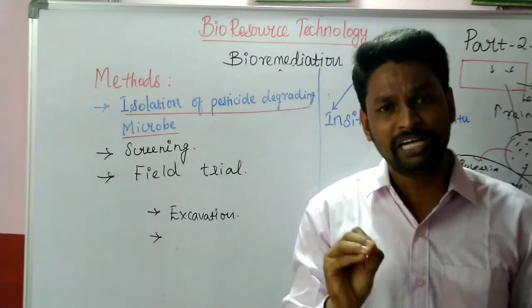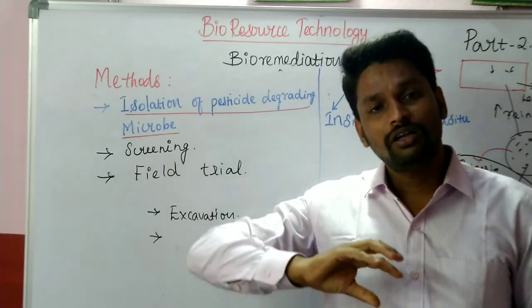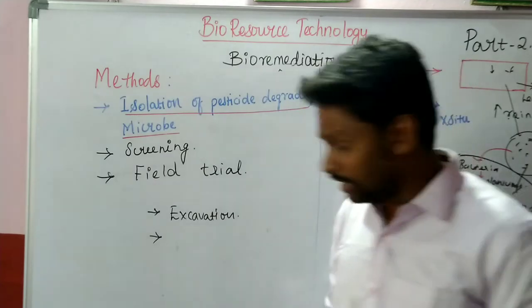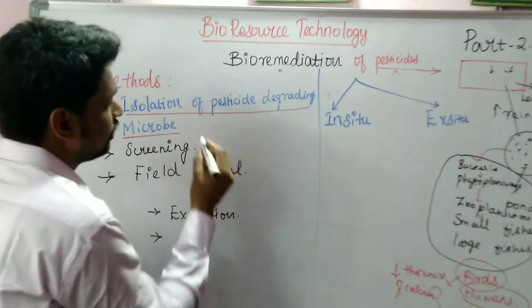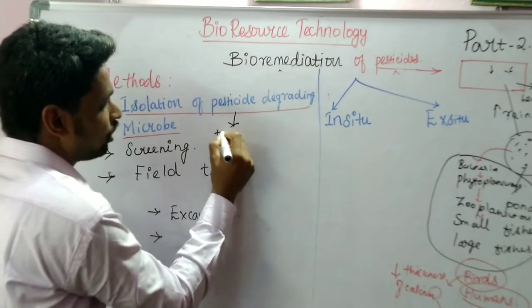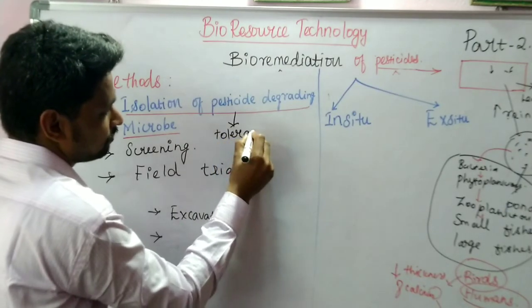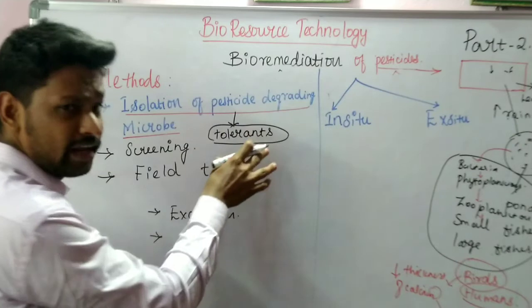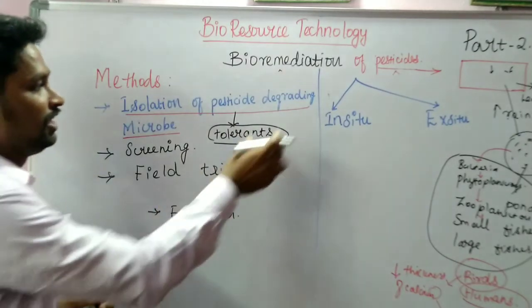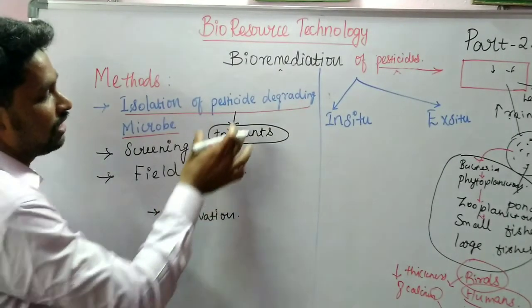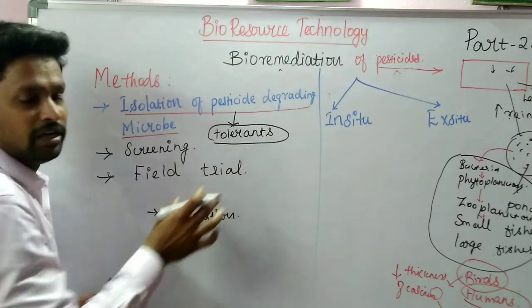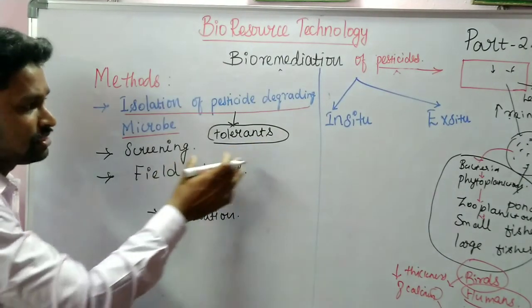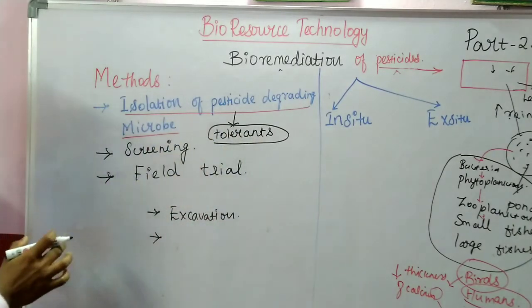If any bacteria tolerate the presence of pesticides, those microorganisms are called pesticide tolerant. There is a difference in meaning between tolerance and pesticide degrading organisms, right? Pesticide tolerant means any organism which can sustain the presence of pesticide.